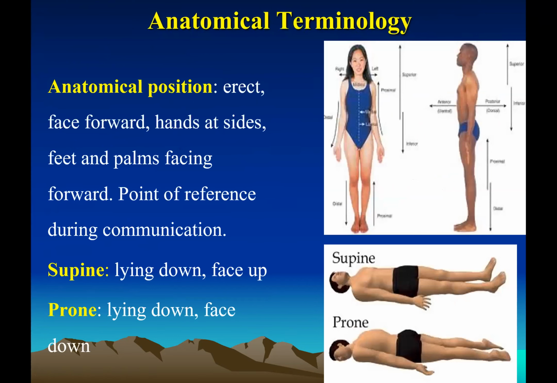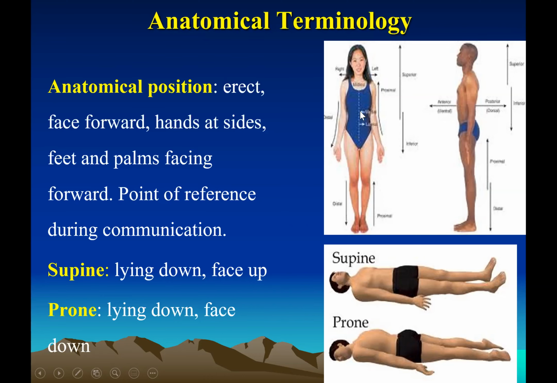Very important here. These are the anatomical terms that you have to know anytime. This is very important for perfect communication among healthcare professionals. When you are talking about the patient, you're assuming that the patient is in anatomical position. So they are erect, face forward, hands at the sides, toes forward, palms forward.